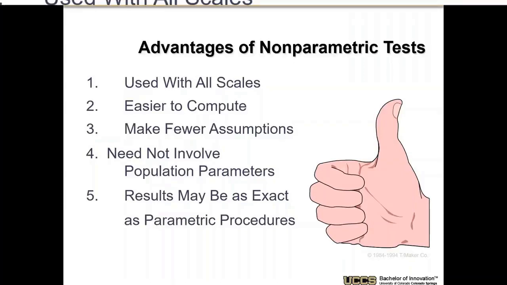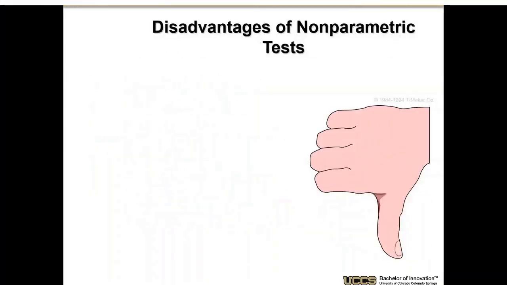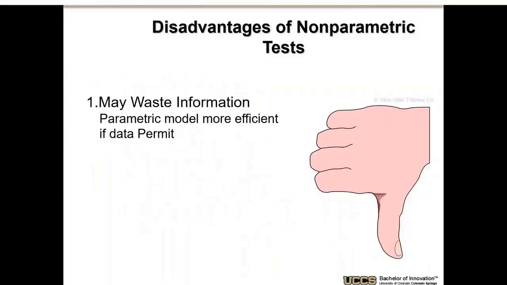But some of the disadvantages. First of all, they can waste a lot of information. They're not as efficient statistically as the parametric models. If the rules for the parametric models apply, with the same amount of data, they can make hypothesis test decisions with better p-values than the non-parametric. This is why I want to be careful relating it back to alpha.